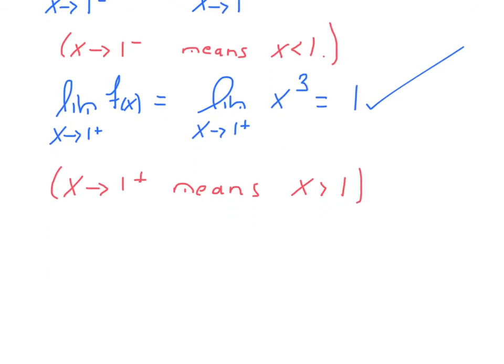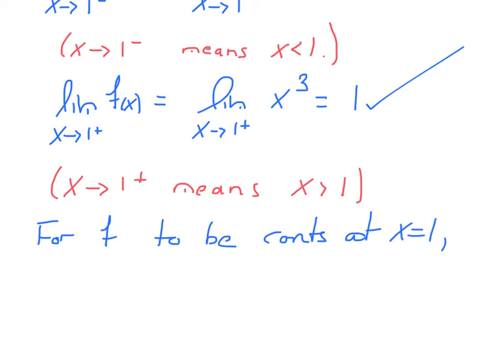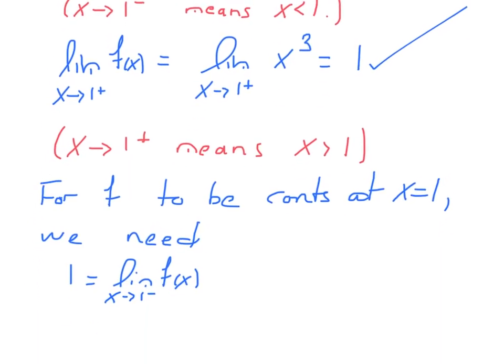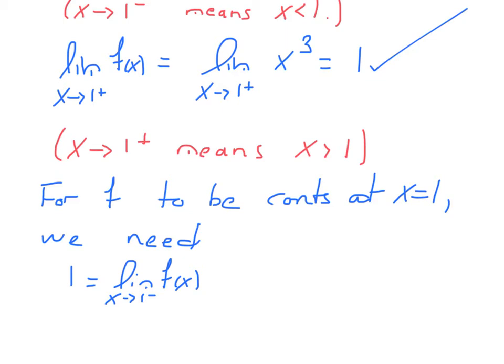Okay, so for f to be continuous at x equal to 1, we need 1 to equal, as we said, that left-hand limit of f of x, but that left-hand limit is actually c minus d, so we need 1 to equal c minus d.